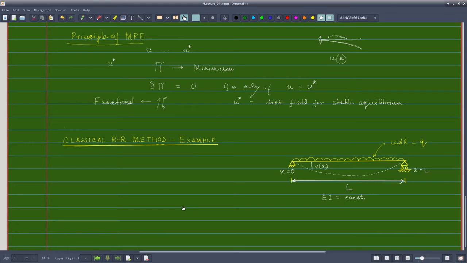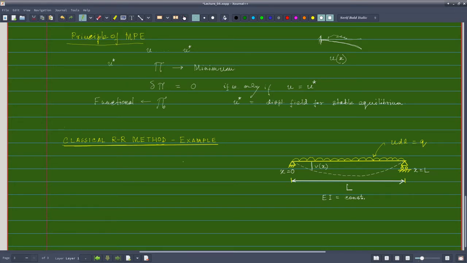Now, like in Galerkin's method, here also we first assume an approximate solution for the problem. That means we will assume an approximate form of deflection, which we do not know. Our job is to find this deflection. Since we know the deflection curve is somewhat parabolic, let us take a quadratic solution.